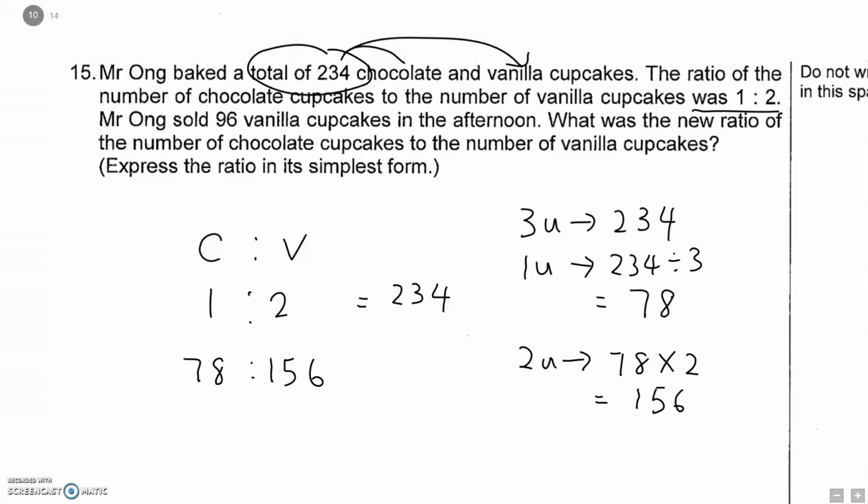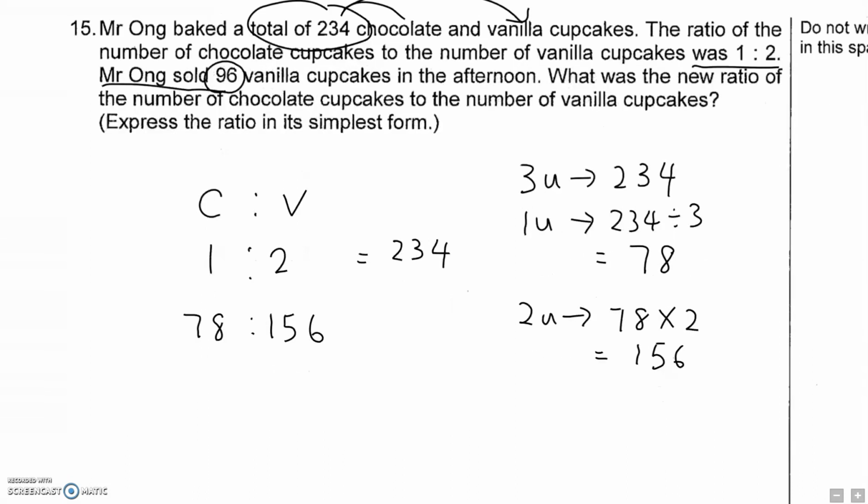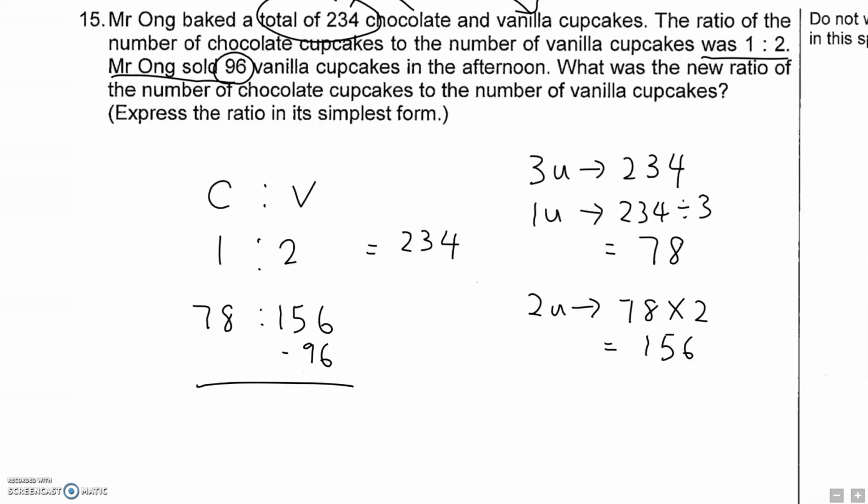Okay, now the problem is Mr. Ong sold 96 vanilla. So 156 is no longer 156. I got to minus away a 96 because it was being sold away. Now the question is, was there any change in chocolate? Chocolate is still 78, whereas vanilla, because it has been sold already, so you would get an answer of 60.